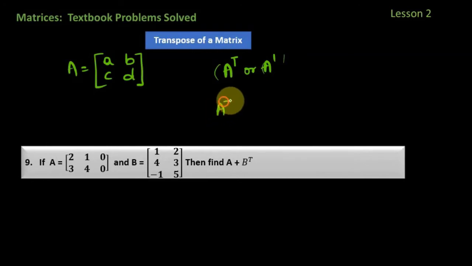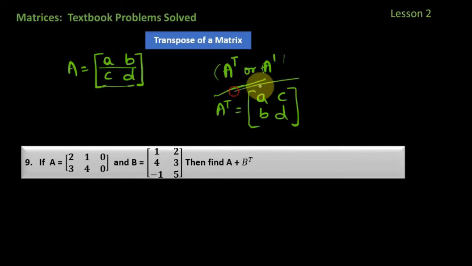Just now I said the row elements will get transposed to columns, meaning AB is my first row, which will change to my first column, AB. Similarly, second row elements will be changed to second column elements. This will become CD. This is nothing but the transpose of the given matrix.